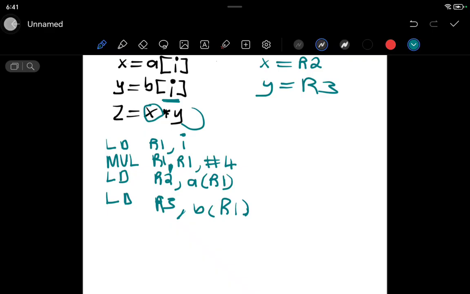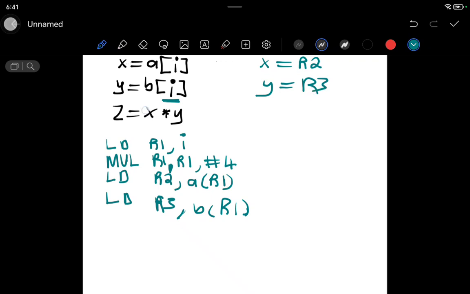So now I can say here that since I've already loaded BR1 into R3, I must come to this one and start to apply what I see there. What I see here is multiplication. I must multiply this and this. This is R3.